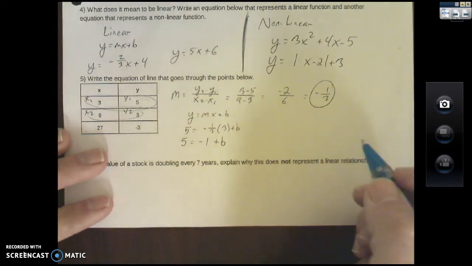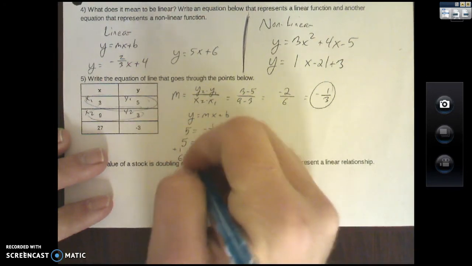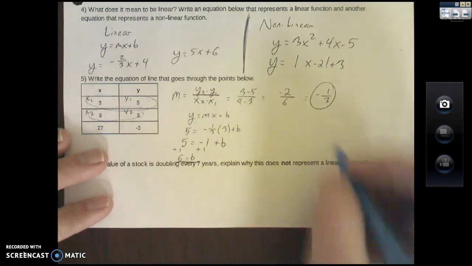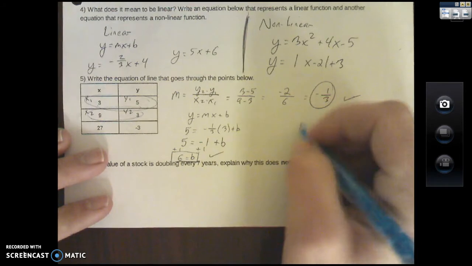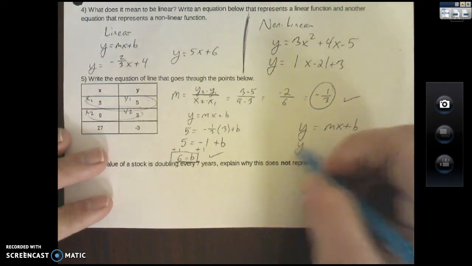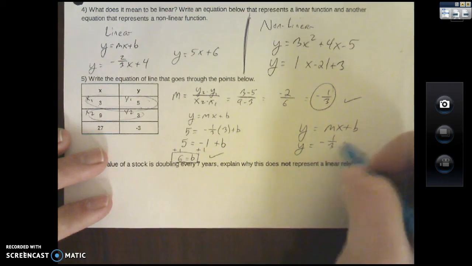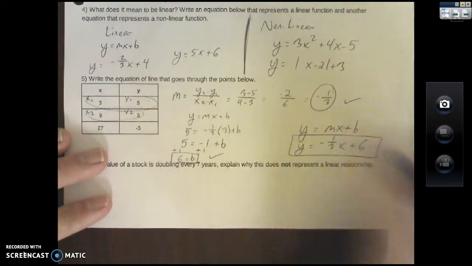Okay, I can add 1 over. So b equals 6. Now that I've got my b and my m, I go back to y equals mx plus b, and I replace the m with what that is, and I replace the b with whatever that is. And we're all good.